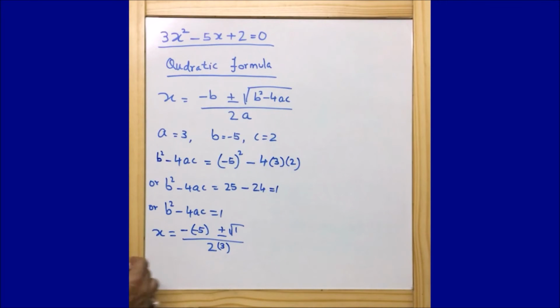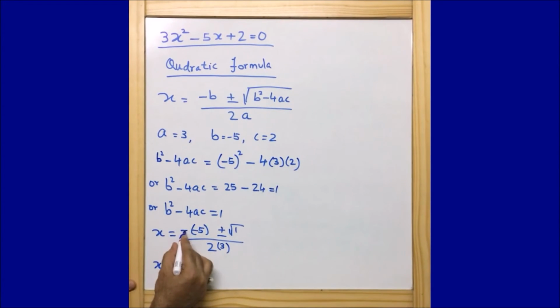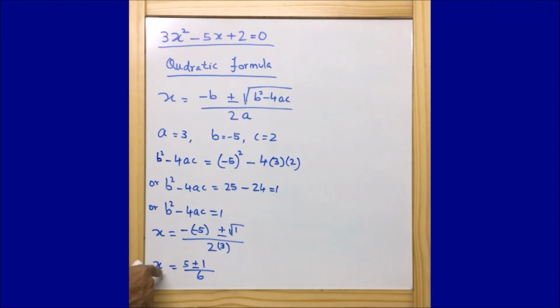Or I can write x is equal to minus 5 is nothing but plus 5. So minus into minus 5 becomes plus 5, plus or minus root over 1 is 1 by 6. So guys, we got x is equal to 5 plus or minus 1 by 6.